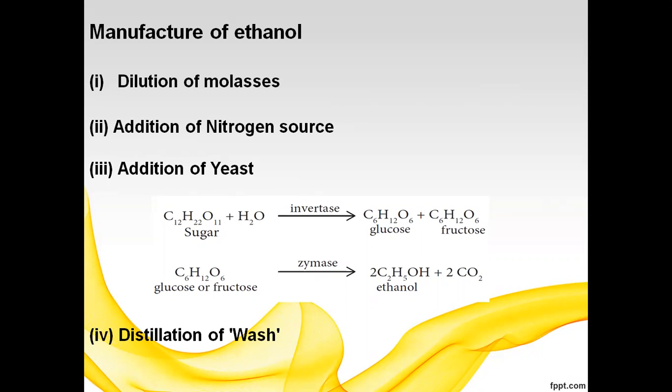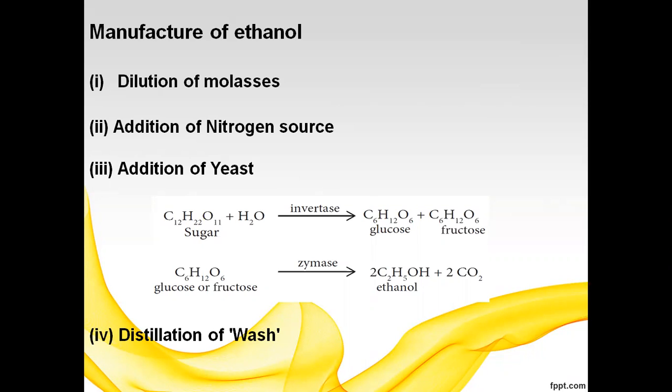The next one is addition of yeast. What we obtained in the second process, the addition of nitrogen source, is collected in fermentation tanks. At this stage the yeast is added to it. The mixture is kept at 303 Kelvin for a few days.